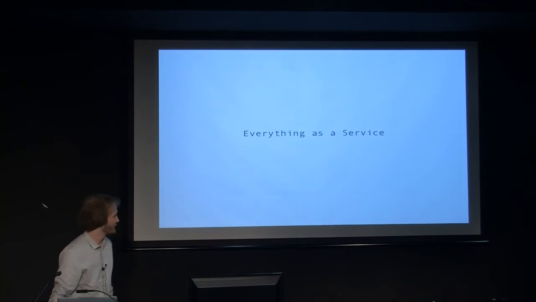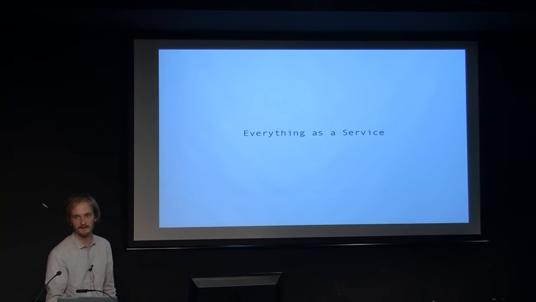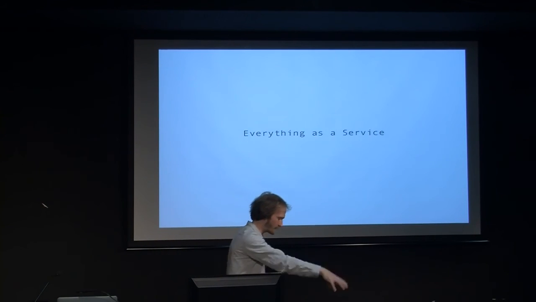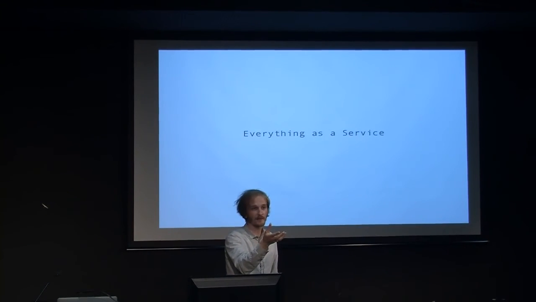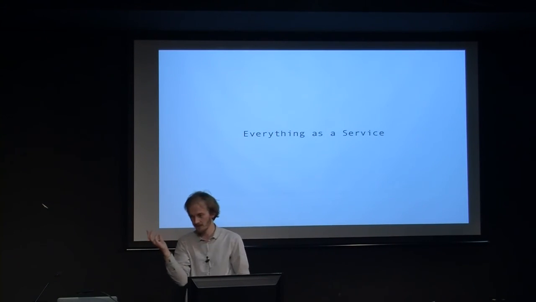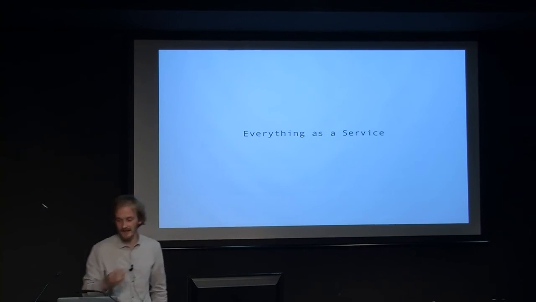But in the end, clients want more or less everything as a service. So they don't want to know what is going on behind the scenes and how these algorithms work, they just want to use it. Like how we want to use an email account, but we don't want to know where the server is. Maybe some of you want to know where the server is. But in the end, we want to use it as easily as possible.